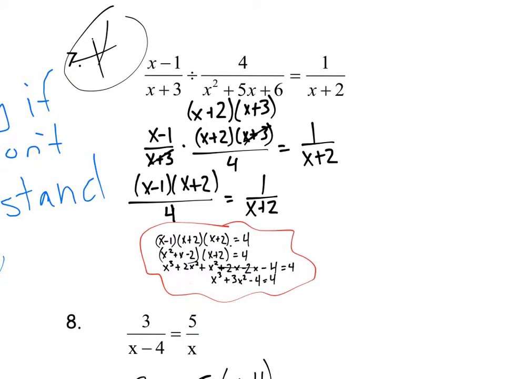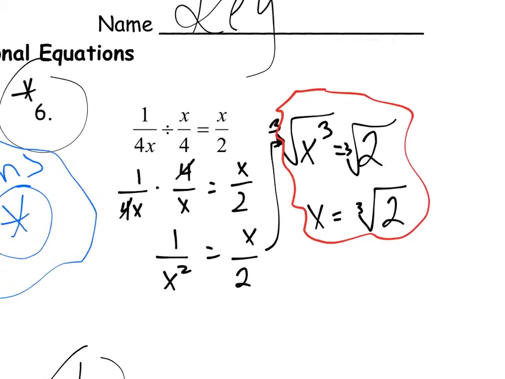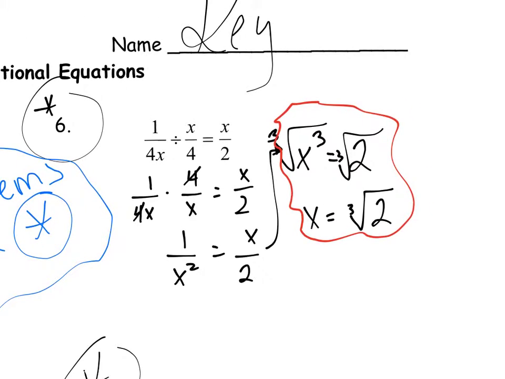The red wavy lines are things that you don't necessarily have to know how to do. Then I multiplied across, and I got this, and then I multiplied crossways to get that. And from there, it gets a little crazy, and you don't have to know it.